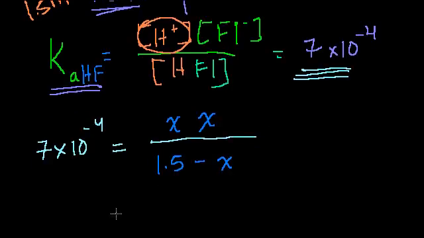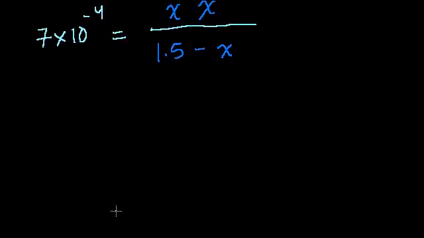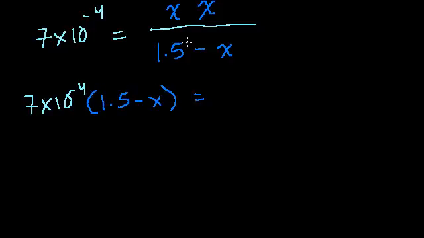So we get 7 times 10 to the minus 4. Let's multiply both sides by 1.5 minus X, and that is equal to X times X, which is X squared.